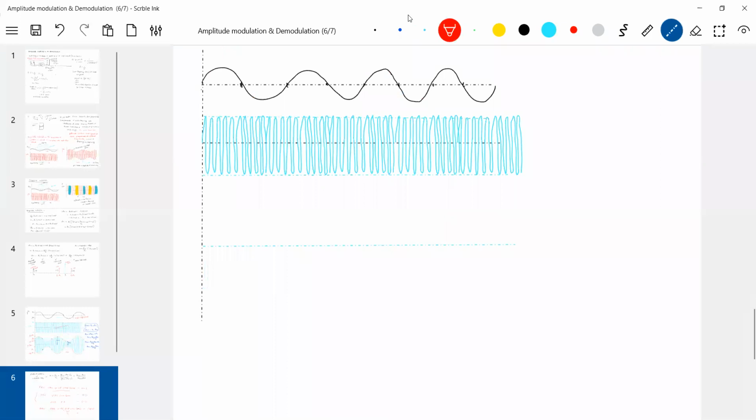It's a rough diagram; you can refer to the books for better diagrams.